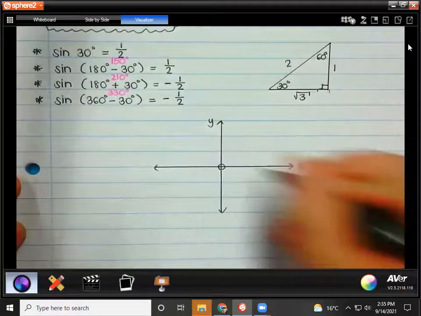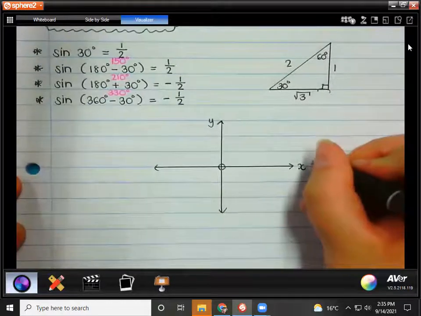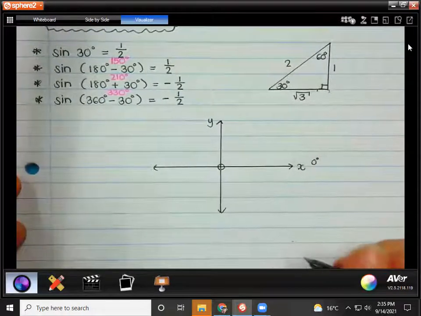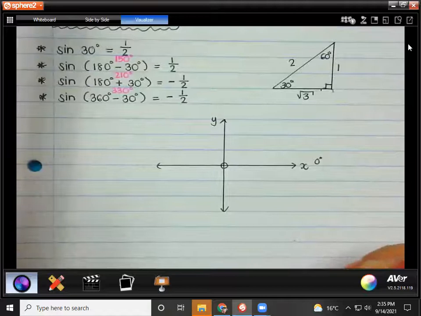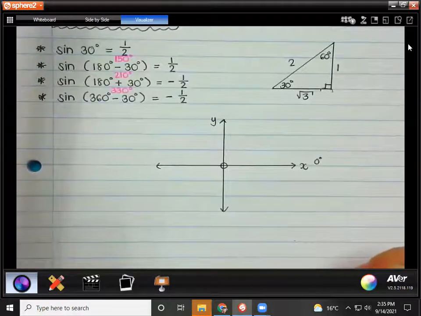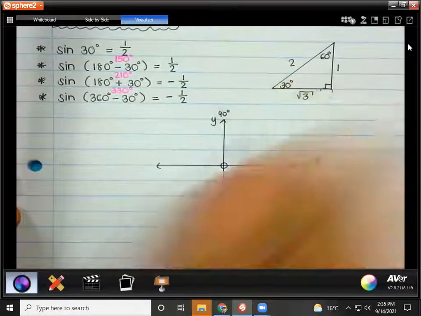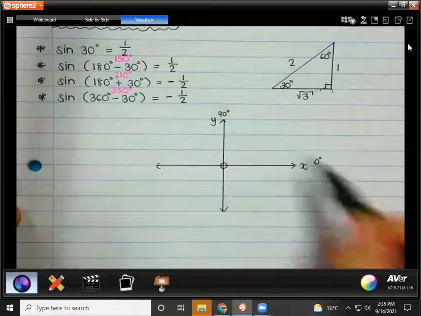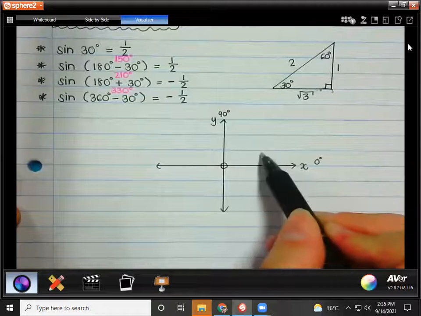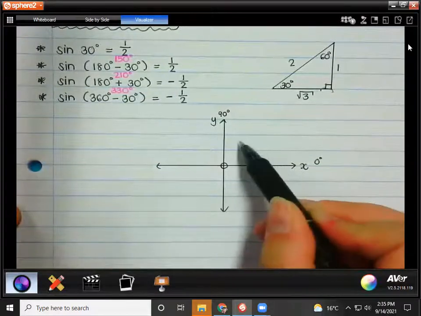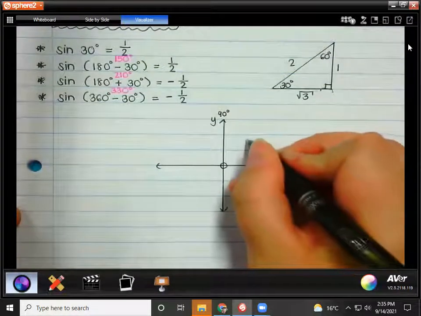So that would be 0. We know that here we have 0 degrees. I think we might have written this down when we did the CAST diagram in that first note, but now it's going to become very important. There we have 90 degrees. Do you see what I'm saying? Any angle in the first quadrant is between 0 and 90. We know that this is quadrant 1.